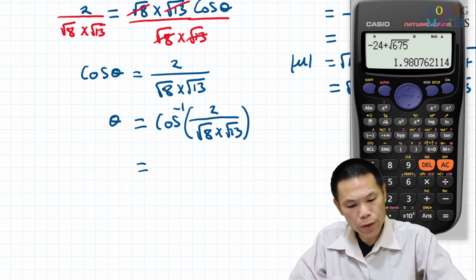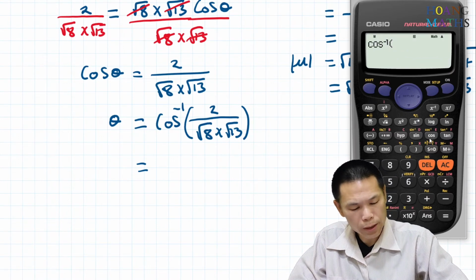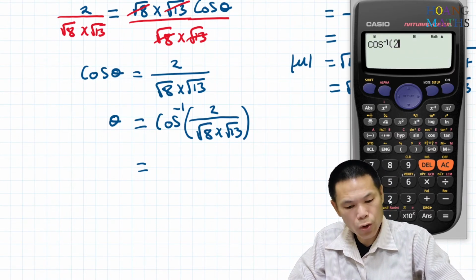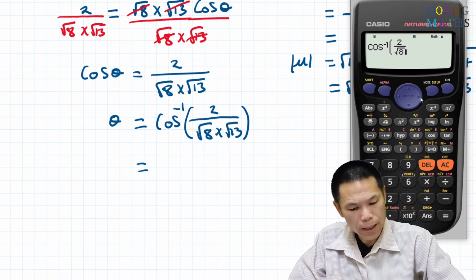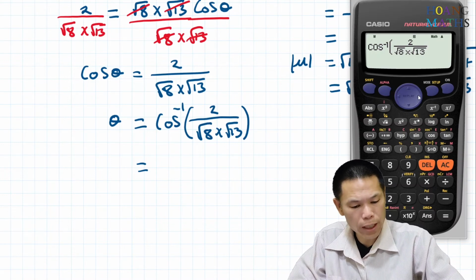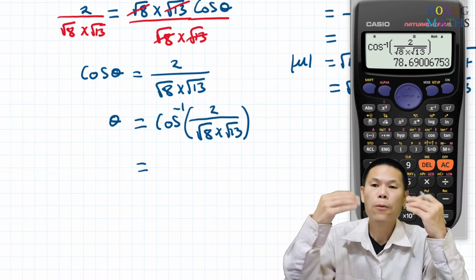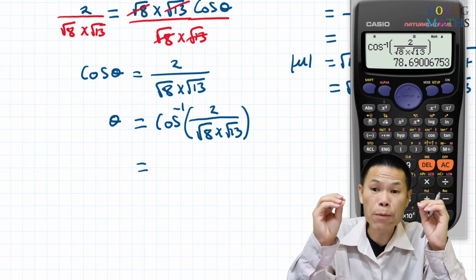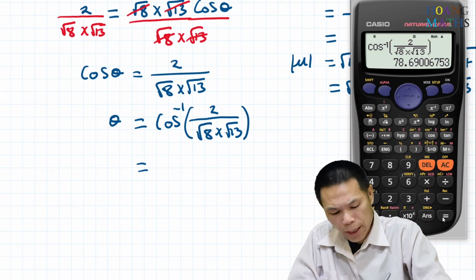So we just go inverse cos, 2 over, square root of 8 and then times square root of 13. And don't forget to close the brackets. There you go. So 78.69, let me just write this down.